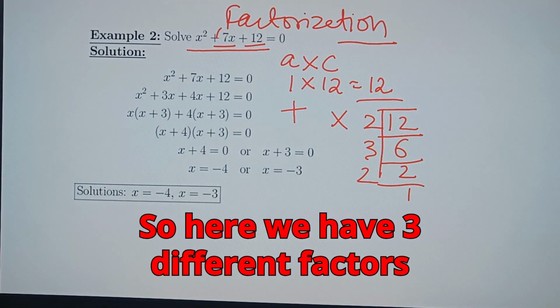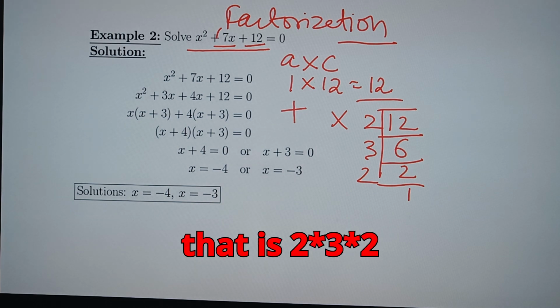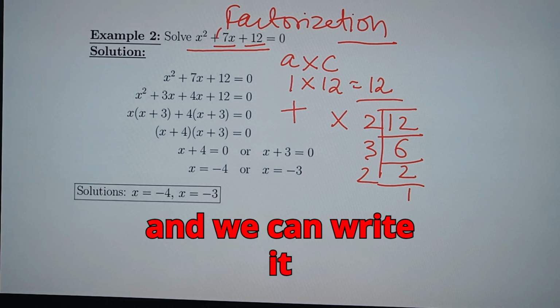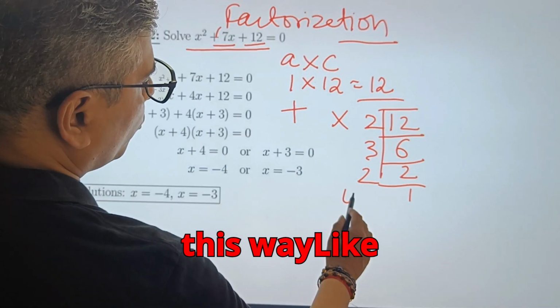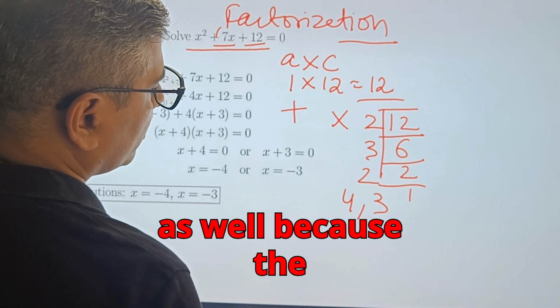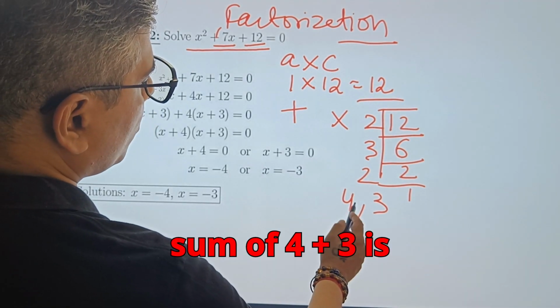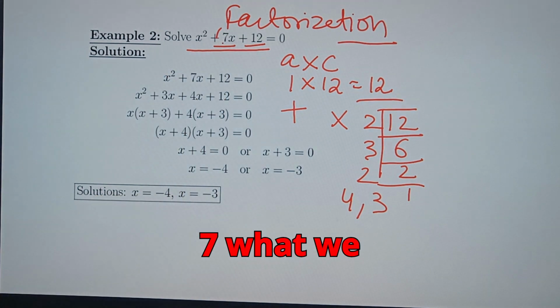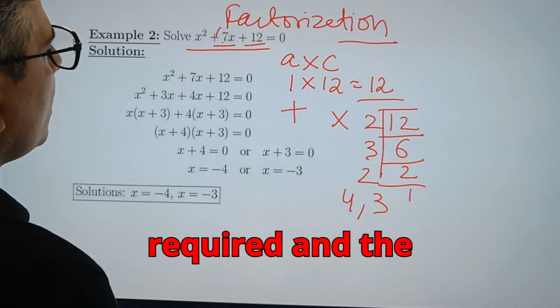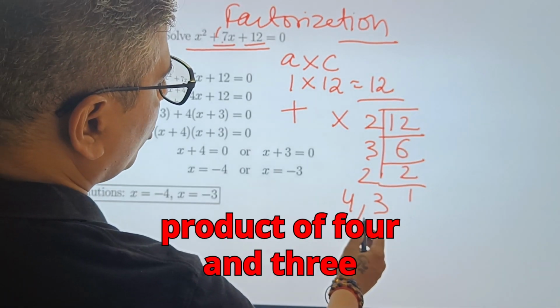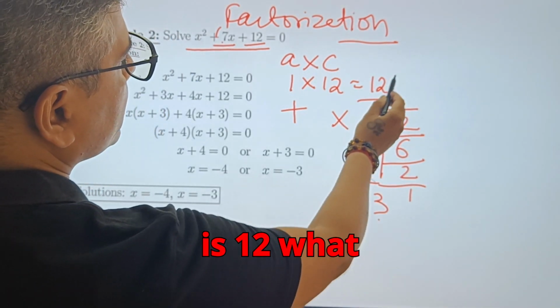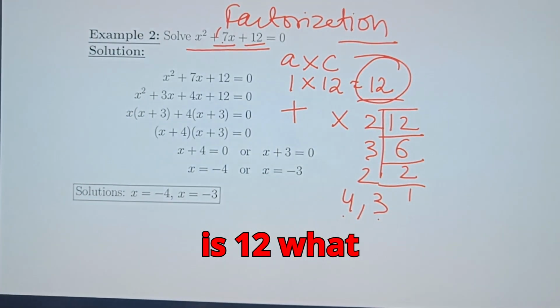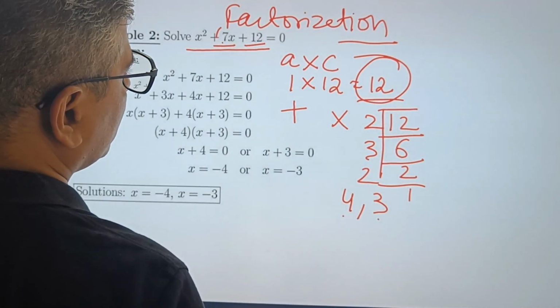So here we have three different factors, 2 into 3 into 2, and we can write it this way, like 4 comma 3 as well, because the sum of 4 plus 3 is 7, what we required, and the product of 4 and 3 is 12, what we required.